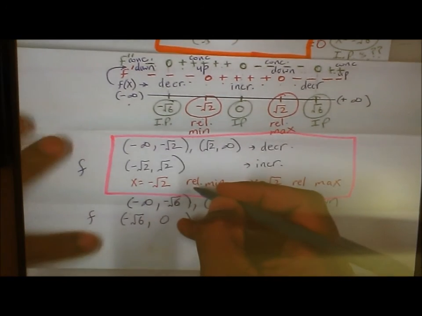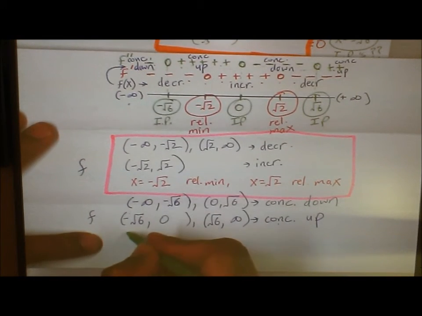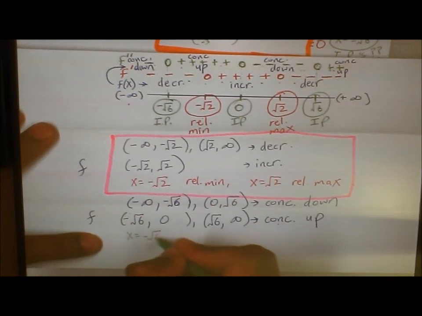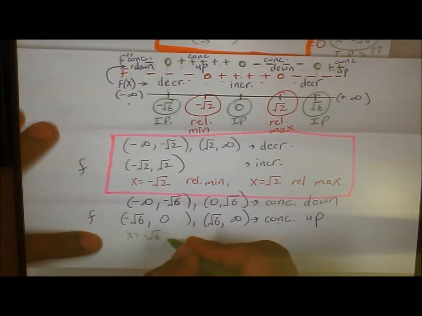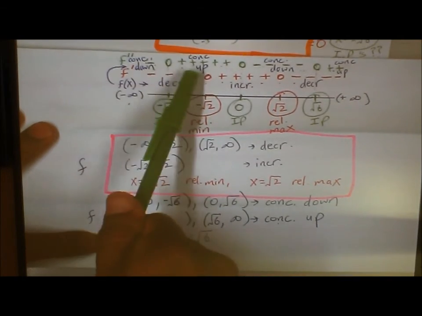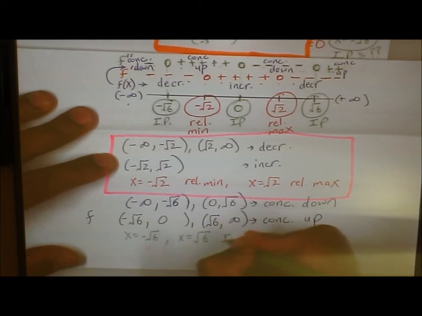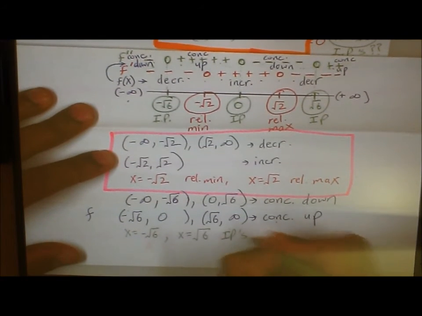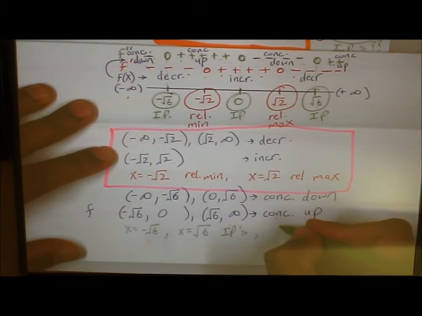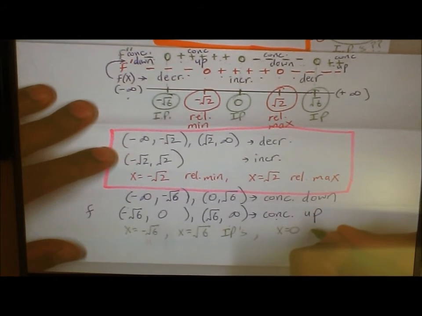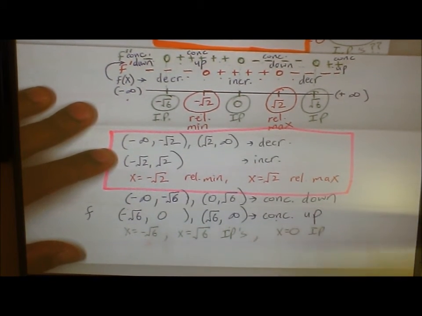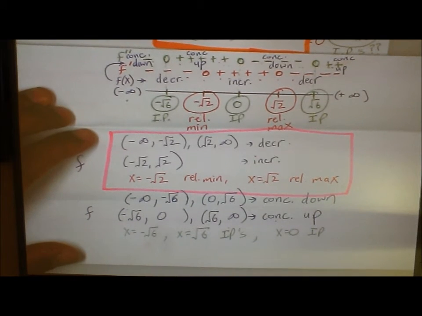And then finally, last but not least, at x equals negative root 6 and at x equals positive root 6, we have an inflection point, or inflection points. And also, at x equals 0, we have our third inflection point.